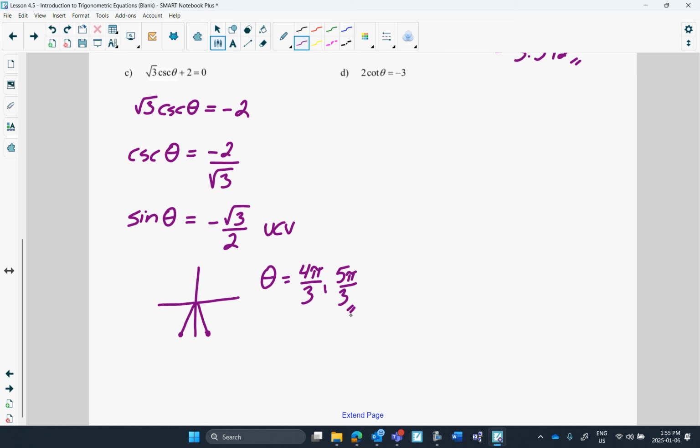And this one. Well, first of all, let's get cotangent by itself first by dividing both sides by 2. I don't know how to solve cotangent, but if I flip, cotangent flips to tan, which means I got to flip the other side.